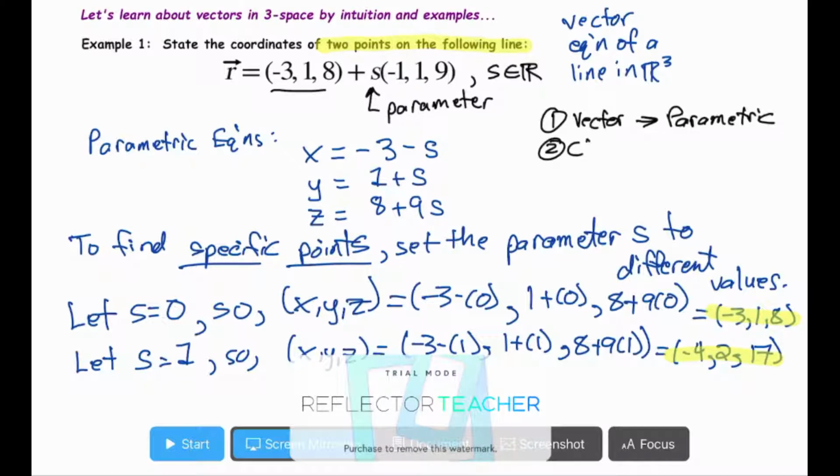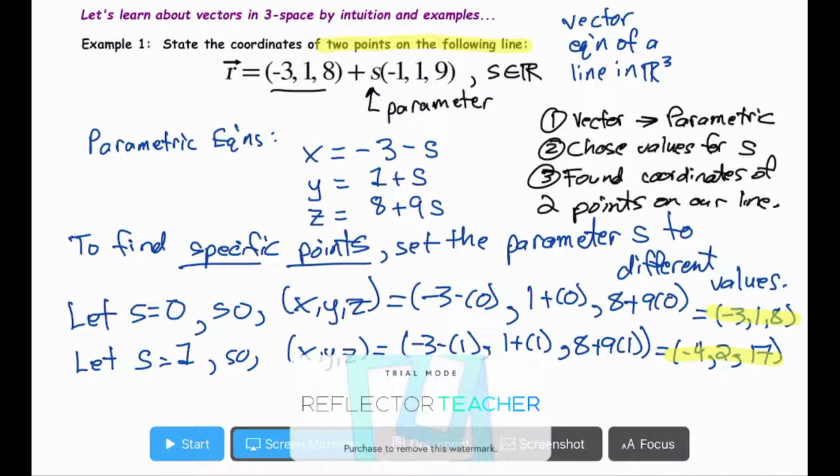We chose values for s, and then we found the coordinates of 2 points on our line just by using substitution, setting values for s and plugging them into our parametric equations. All right, cool. Let's move on.